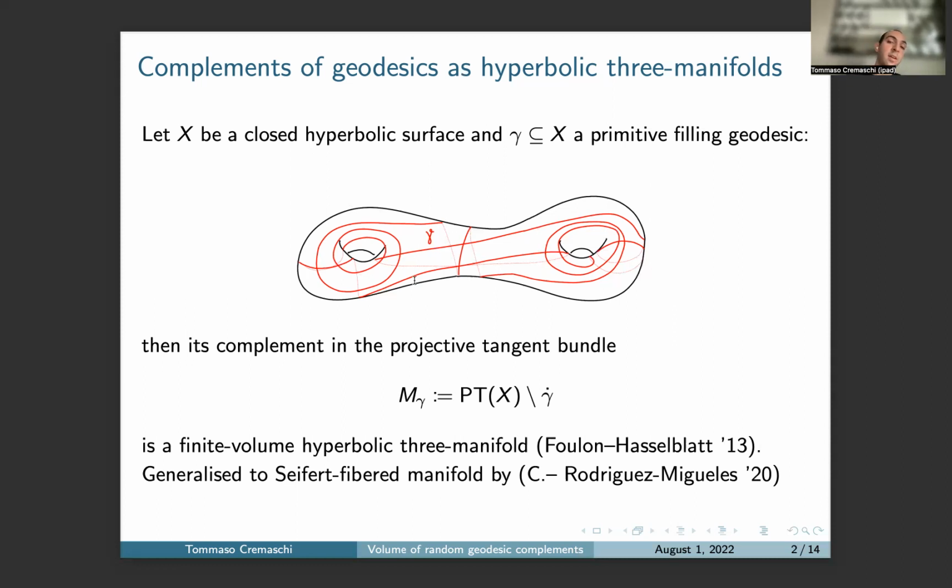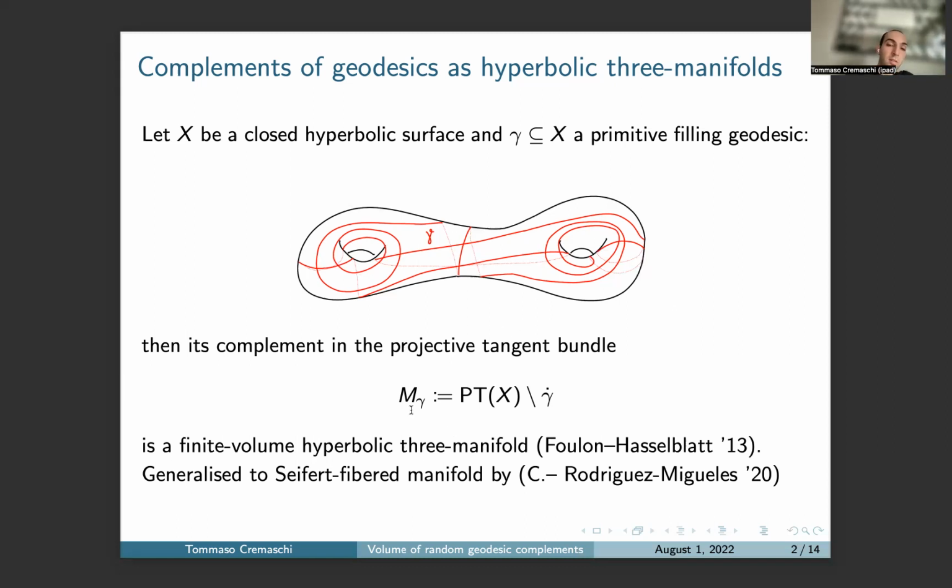Essentially, in the projective bundle, you lift with respect to the tangent line field. That gives you a well-defined point in PTX corresponding to a point on the red loop. For the unit tangent bundle, you choose an orientation and drill out the forward or the backward orbit, just taking the tangent lift.